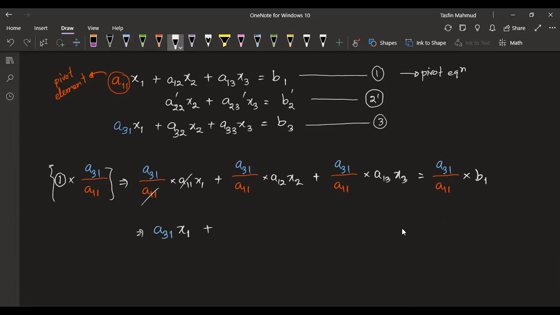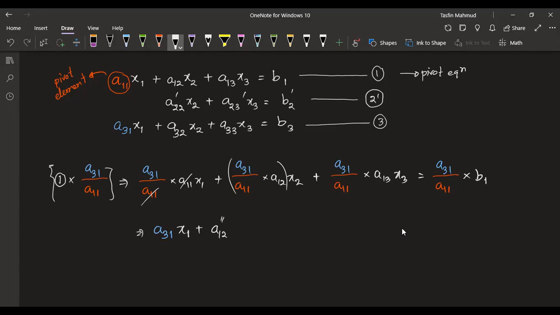Then we have the second term. Let me write it in compact form. We are going to consider this coefficient as A12 double prime, let's assume.